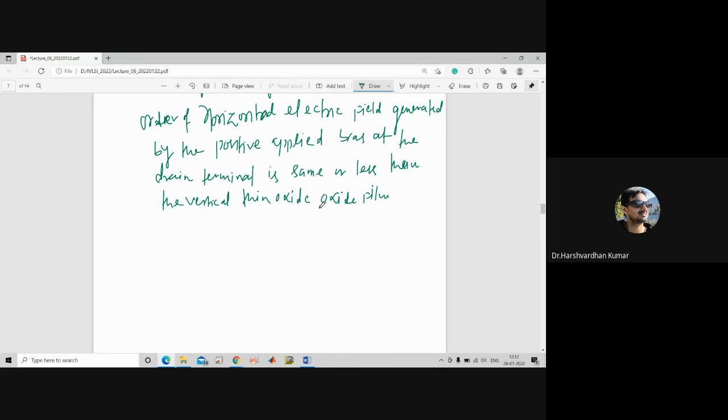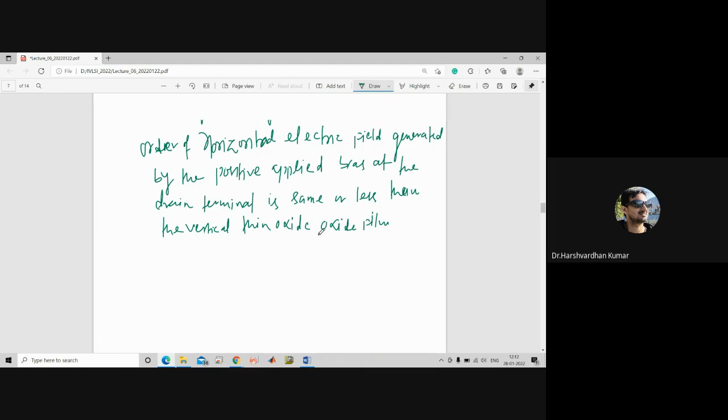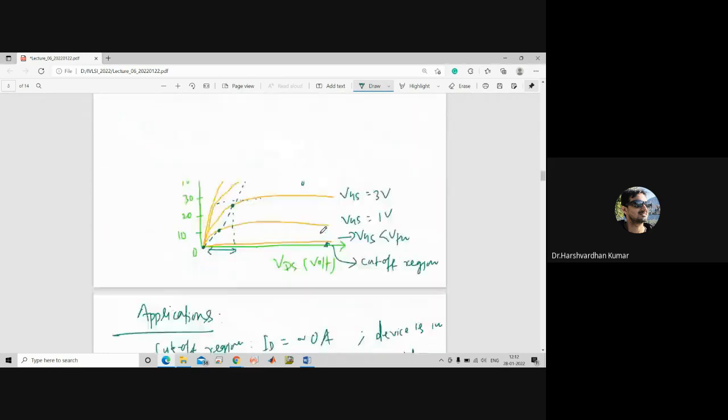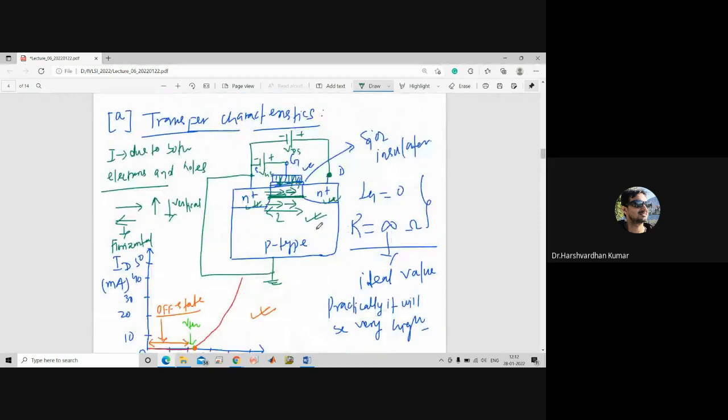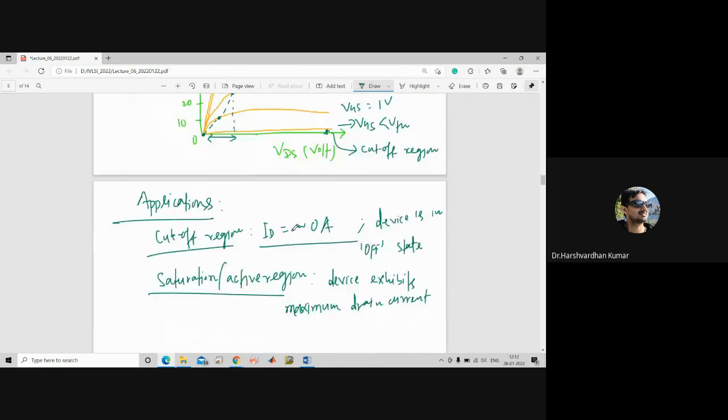The continuous carrier profile. Continuous carrier profile means the width of the region, as you can see, is constant, uniform along the source and drain. So the concentration of electrons in the channel will be continuous, meaning the same throughout the length of the channel.